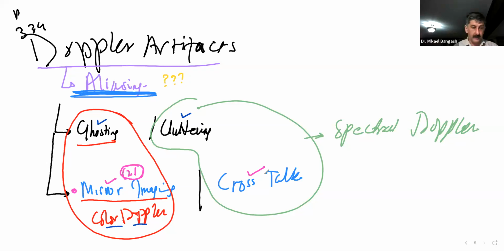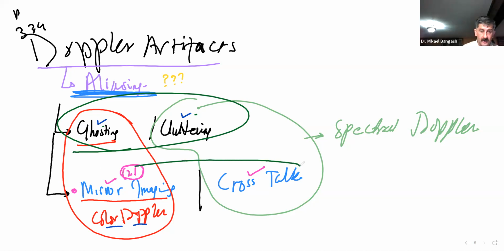So practically, these two here are the same artifact, just going under different names if we use color mode versus spectral Doppler mode.